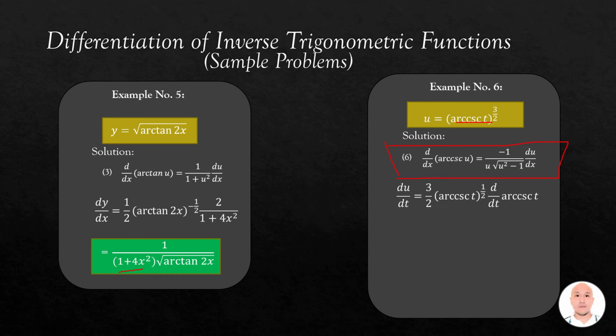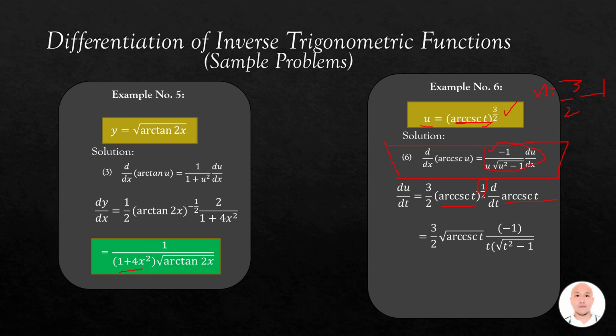Then du over dt, because it's in u and in t form, equals, again, power rule, 3 halves. Our cosecant, so our n is 3 halves. So minus 1 equal to 1 half times d over dt. Then our u is our cosecant. The next, so our cosecant will use this conversion.